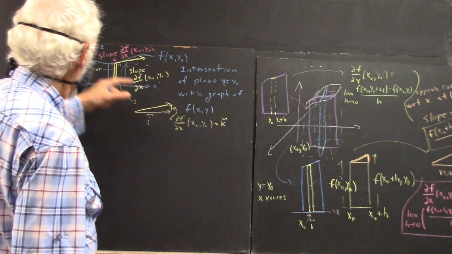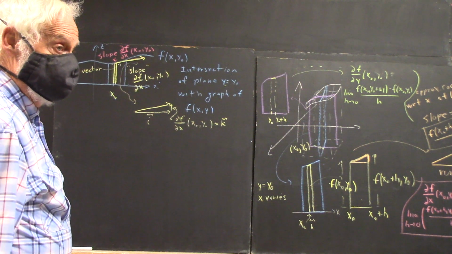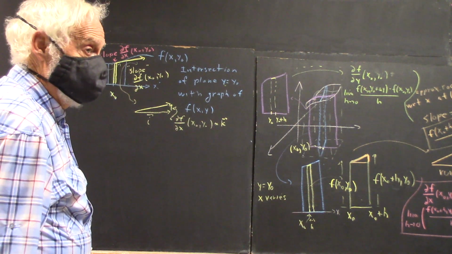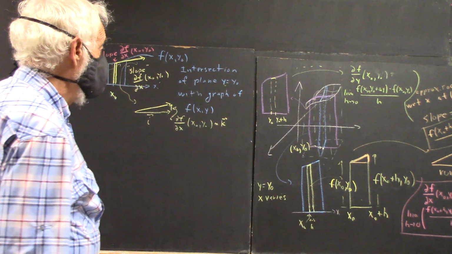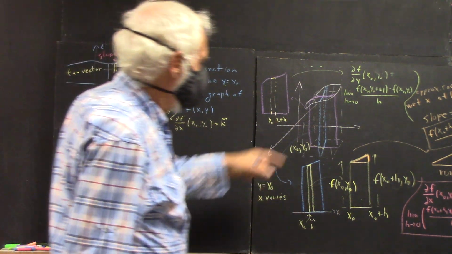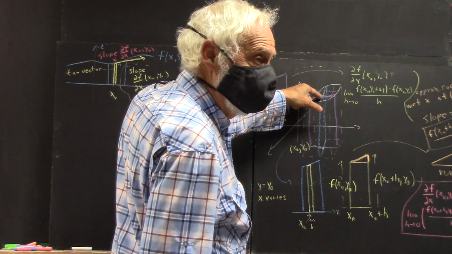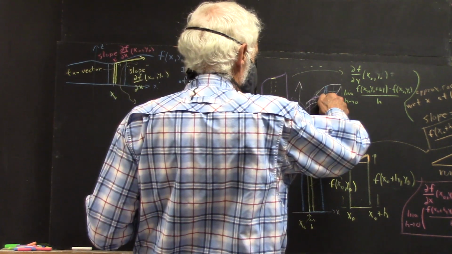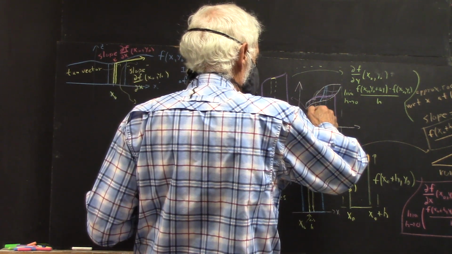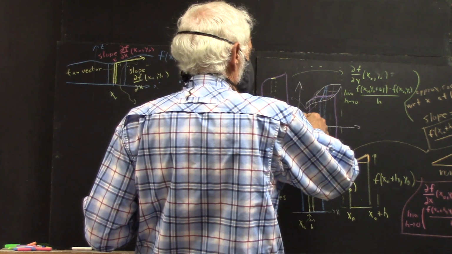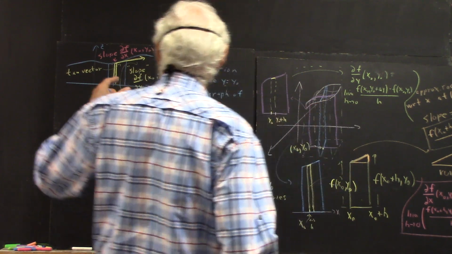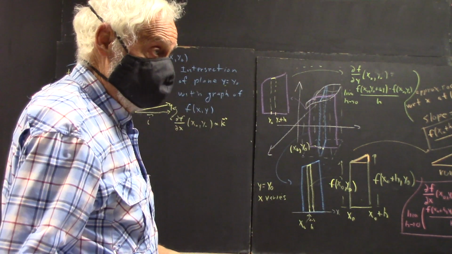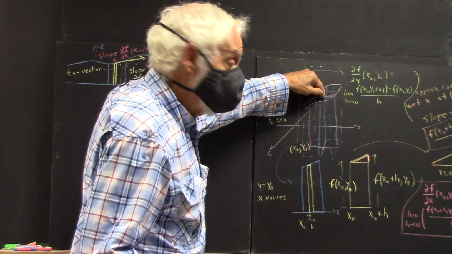And that vector will have the direction of the tangent line. So if I wanted to put that vector in here, it would be a yellow vector parallel to the x-axis in this direction, but rising a little bit if this in fact rises. Okay, so it'd be a vector here.